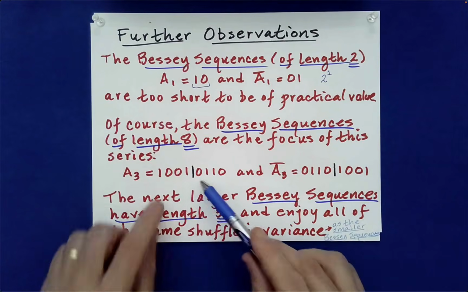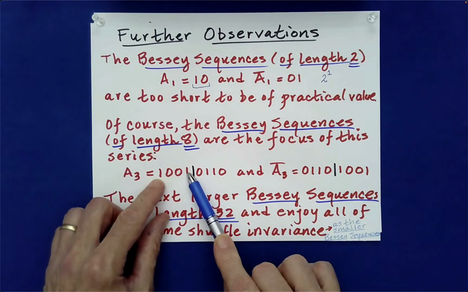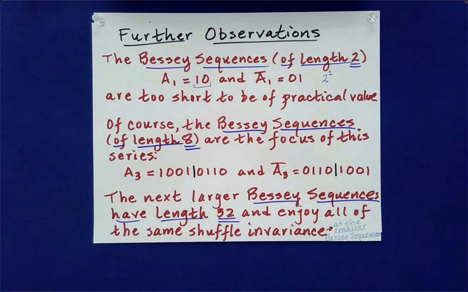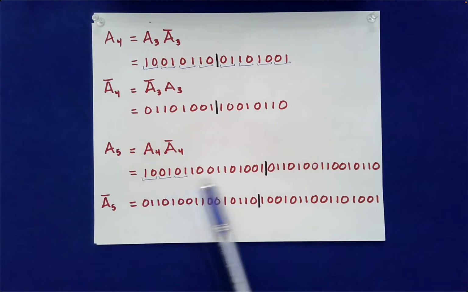So we know something about this position here, and its relationship to the middle cards there. It's similar for a Bessey sequence of length 32.